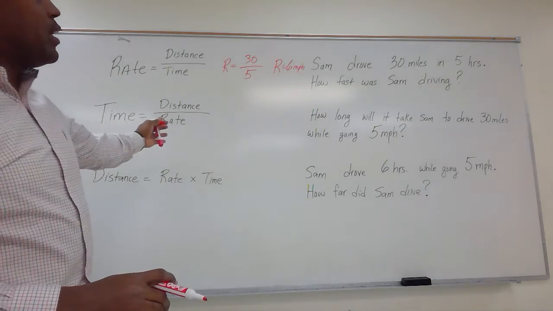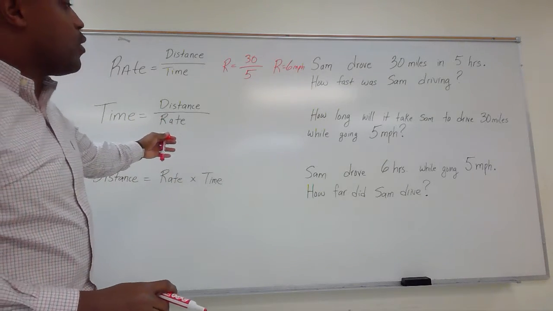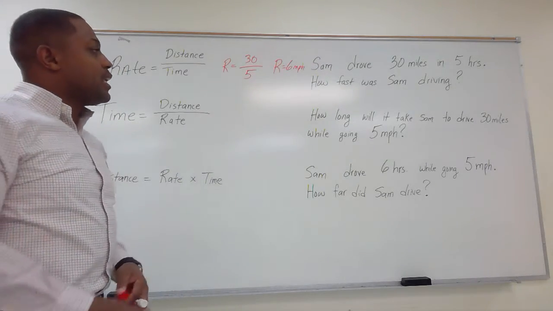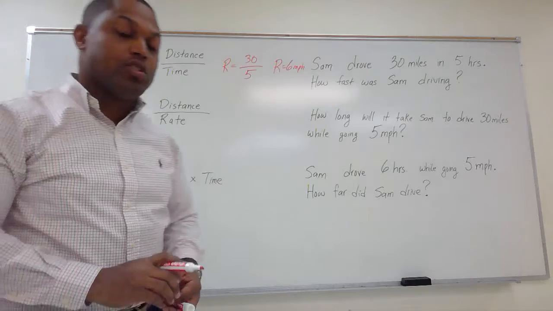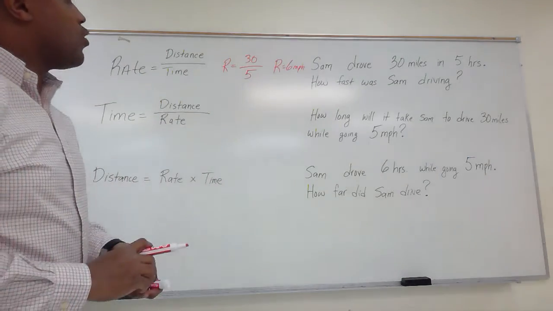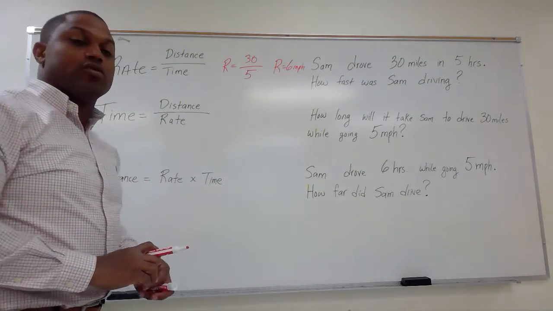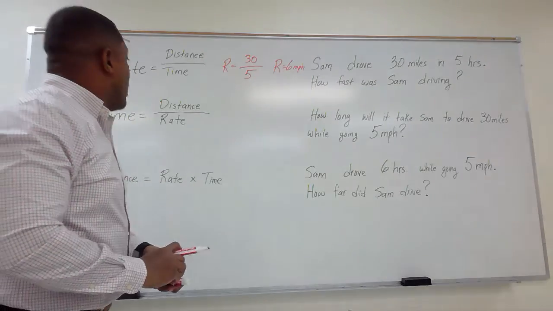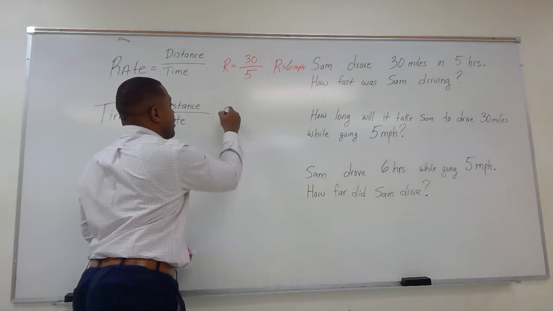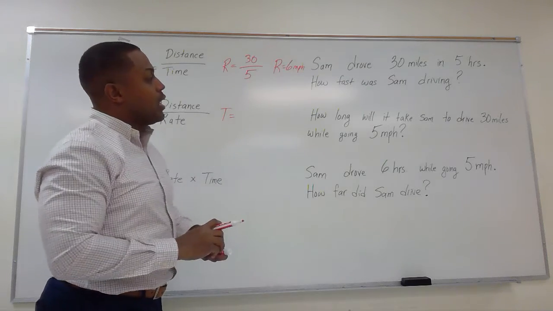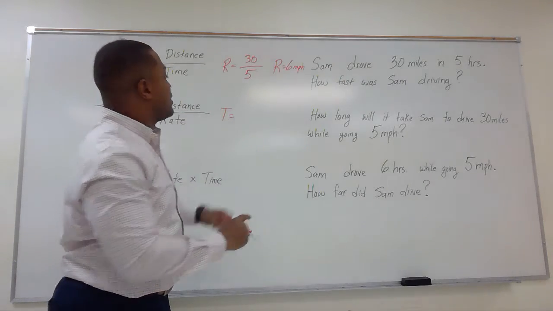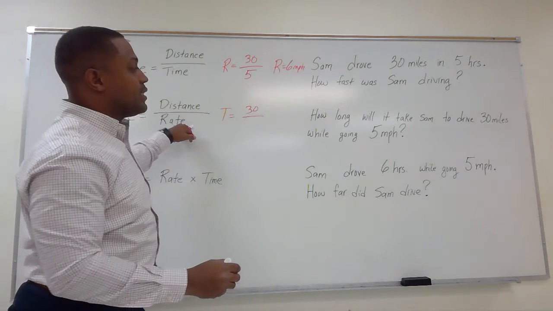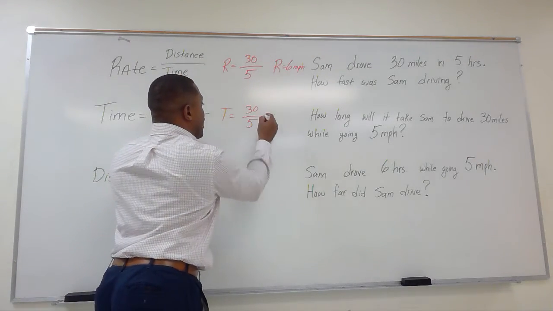All right, moving right along. What if we had distance and rate in the question and they're asking us about time? Okay, so if it said, how long will it take Sam to drive 30 miles while going 5 miles an hour? Well, we will just do T equals the distance, 30 miles, divided by the speed, 5 miles an hour.